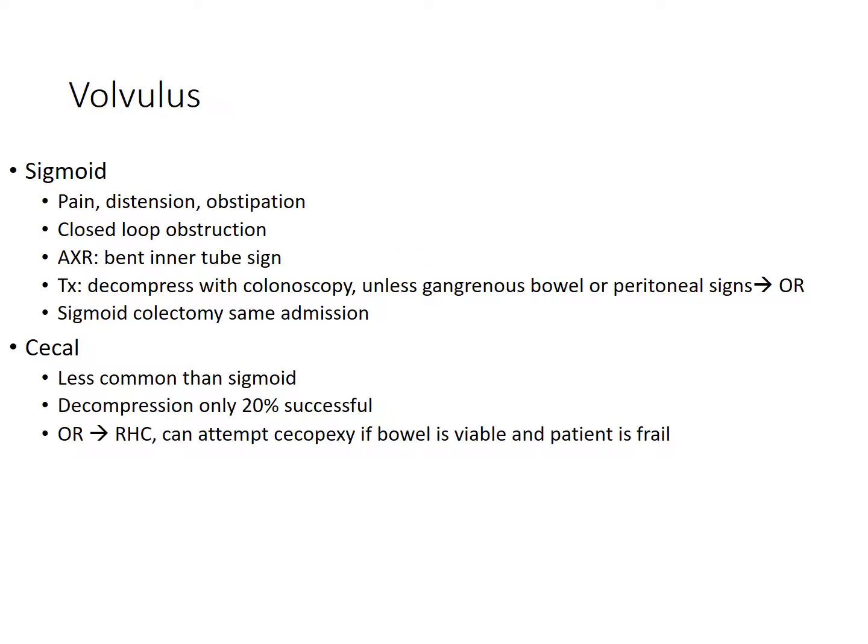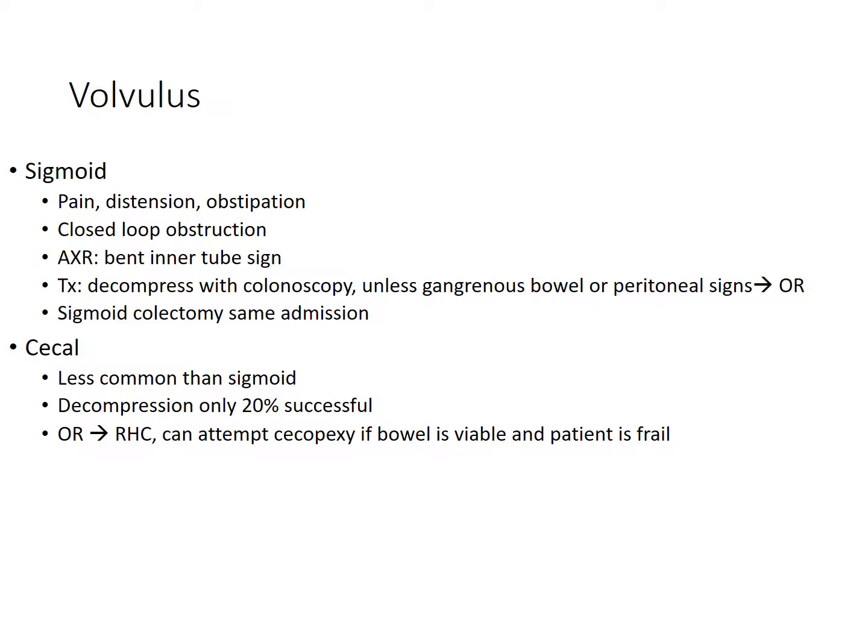Volvulus, so you have sigmoid and cecal. Sigmoid is more common, because the sigmoid does not have the retroperitoneal attachments like we talked about earlier. Patients present with pain, distension, obstipation. It's a closed loop obstruction. On X-ray, you can have that bent inner tube sign. You can describe it as ace of spades or a coffee bean.